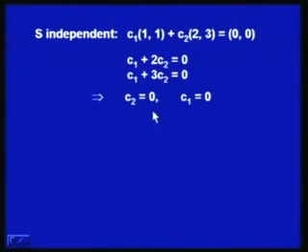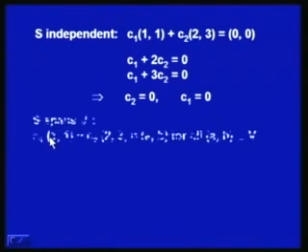If you subtract the two, we will have C2 equal to 0, and if you substitute C2 equal to 0 in this equation, then C1 equal to 0. So this system will have only one solution, the trivial solution C1 equal to 0 and C2 equal to 0, and this establishes that S is an independent set.